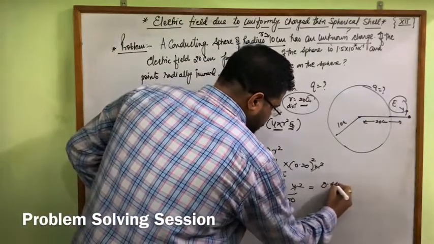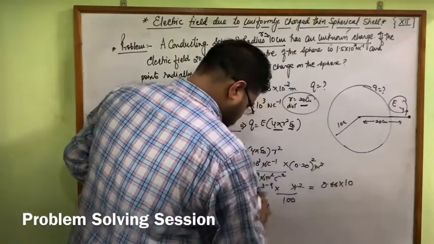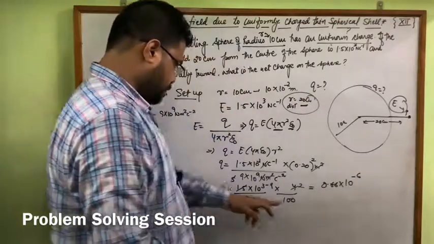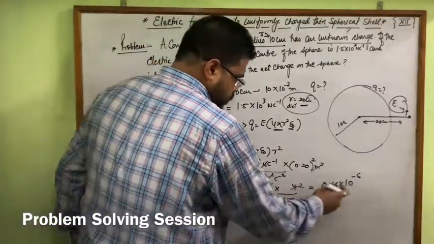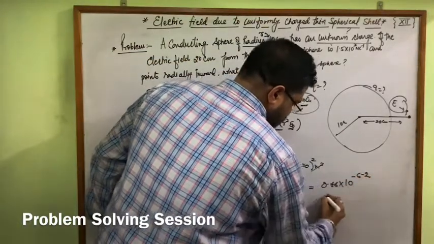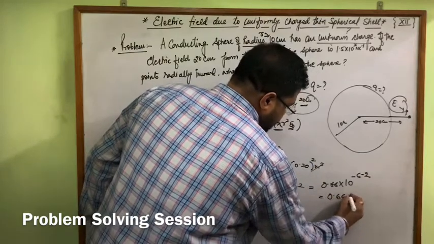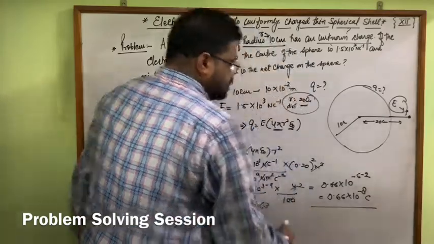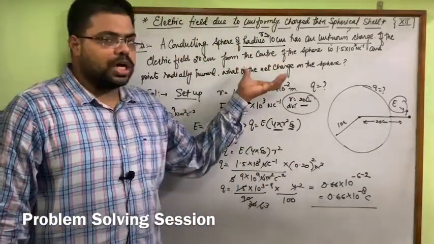So 0.66 into 10 raised to the power, here minus 6 and here plus 2 and minus, so it will be 0.66 into 10 raised to the power minus 8 Coulomb. So this is the net charge on the sphere.